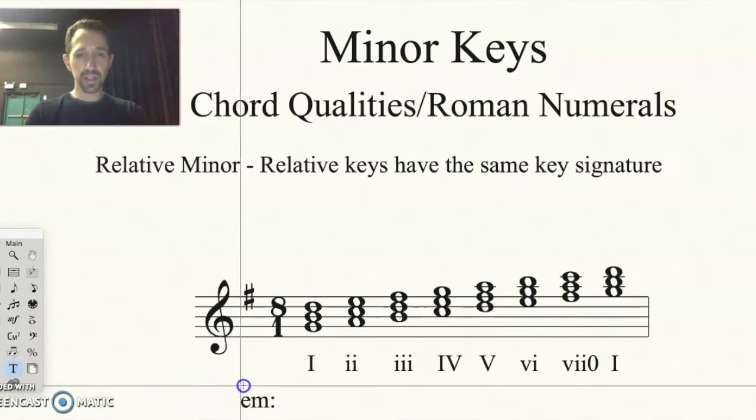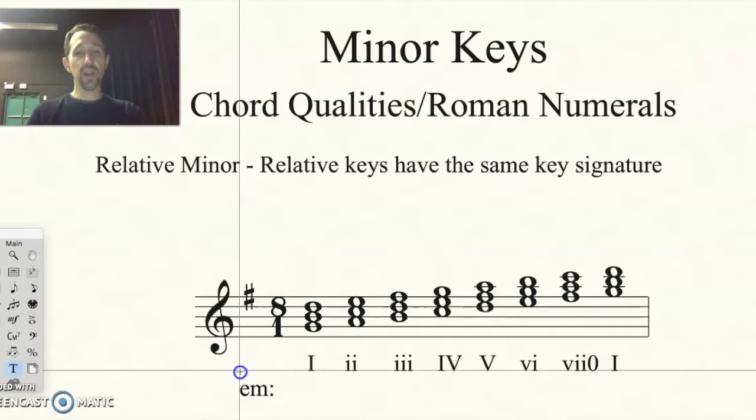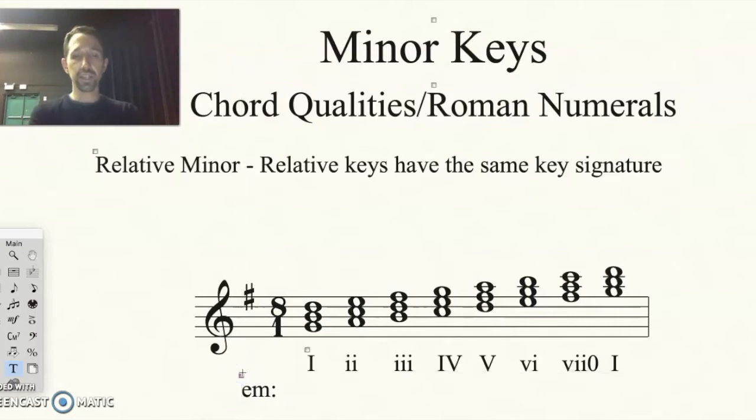I forget if I already said it, but to find the relative minor of any major key, meaning the minor key that shares the same key signature, you just go a minor third down. Another way to think of it, if you like solfege, is that the minor key will just be La, or the 6th scale degree in the major key.